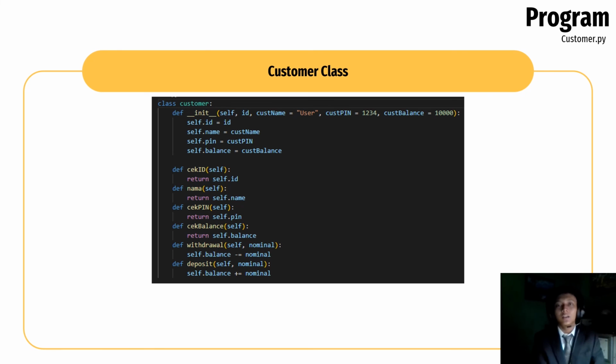Then here is a method that returns the value of ID, cash pin, and cash balance. Further, there is also a withdrawal method to reduce the balance and a deposit method to increase the balance. Both of these methods have a parameter in the form of nominal, whose argument will be determined when the program is running.